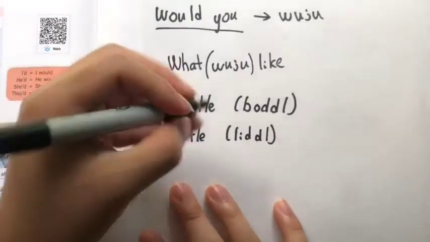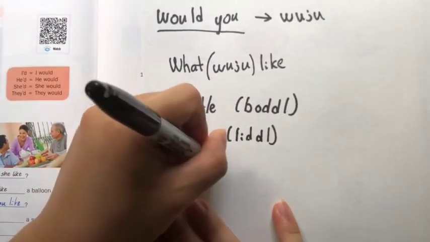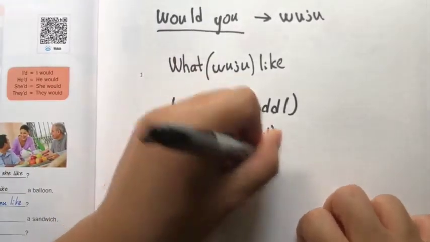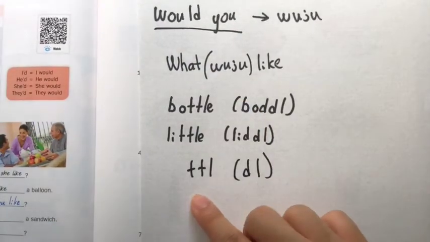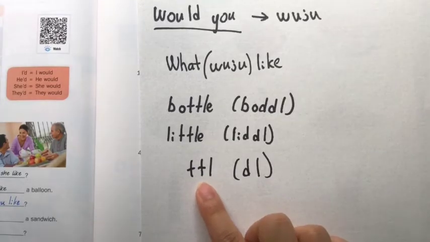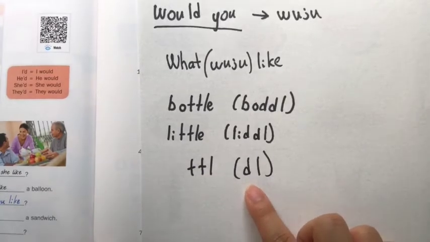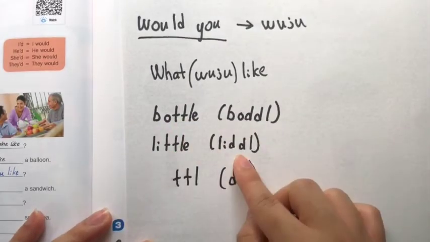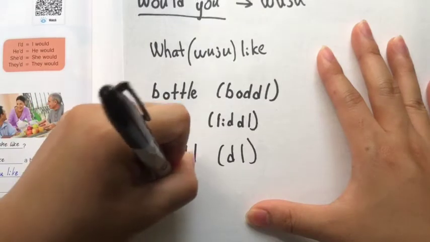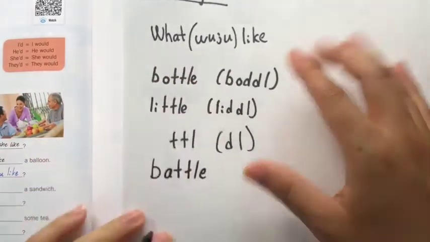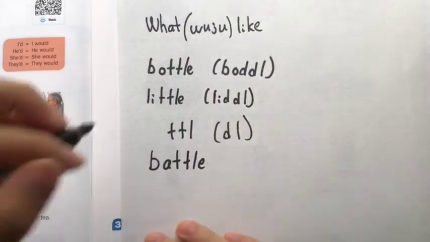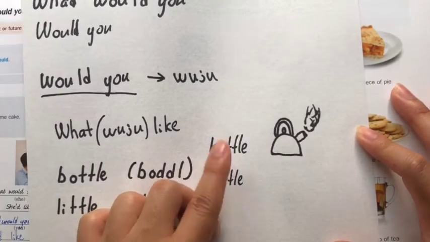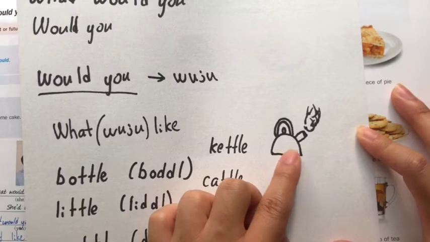Any word that has T, T, and L, we actually pronounce it like DL. We think it's "till," right? But it's actually "dull." So, bottle, little, battle. We also have kettle, the pot you use to boil water.